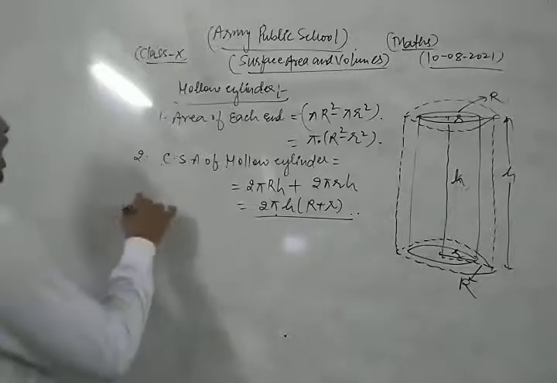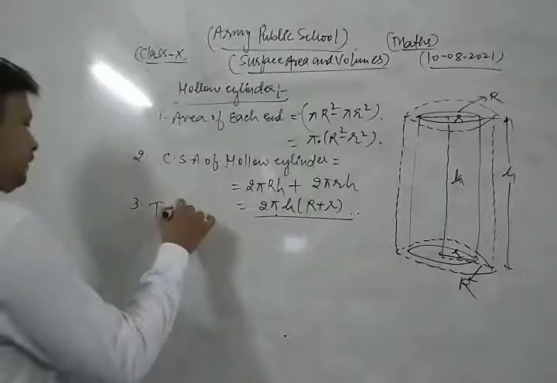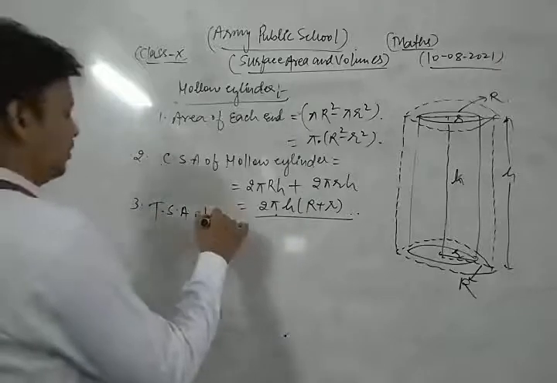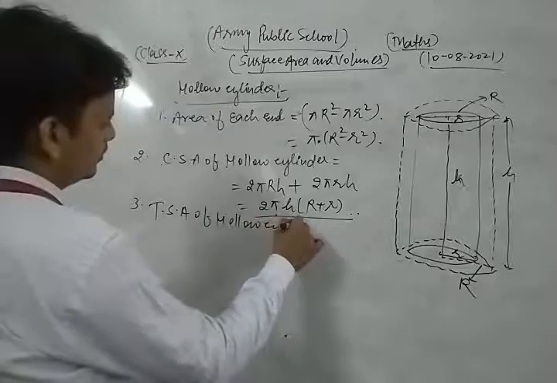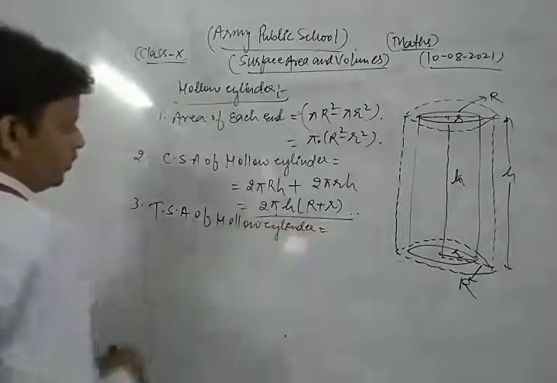Now the third one: total surface area of the hollow cylinder.